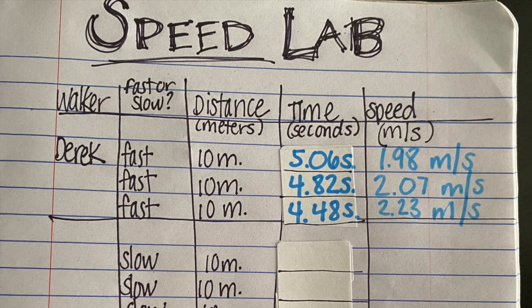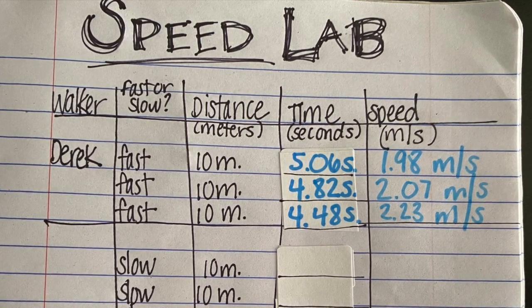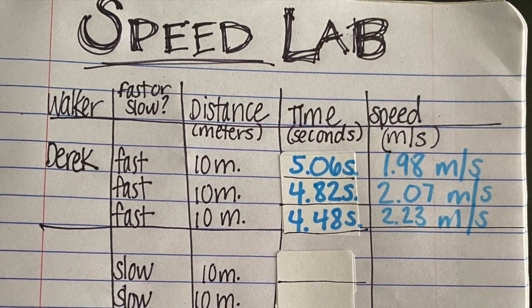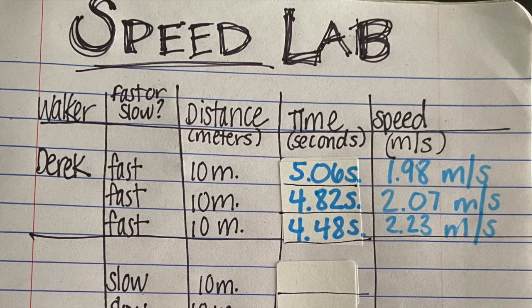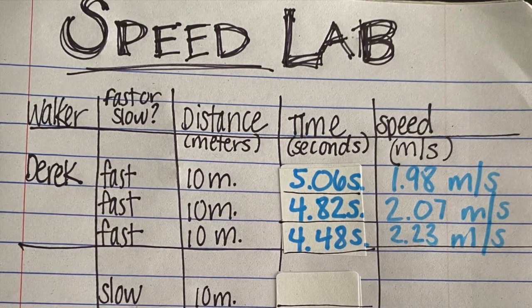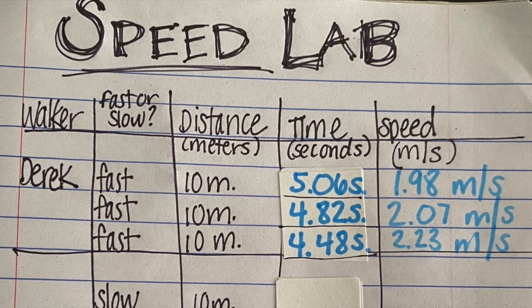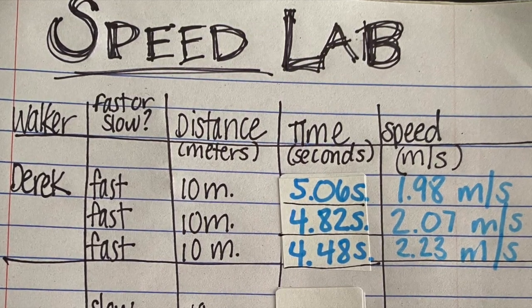You can see Derek walked 1.98 meters per second the first time. The second time he walked 2.07 meters per second. And the last one he walked 2.23 meters per second. Each time he walked at a different speed.